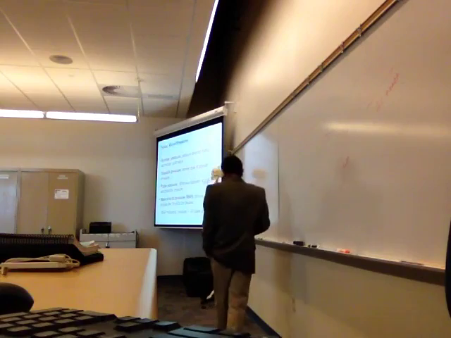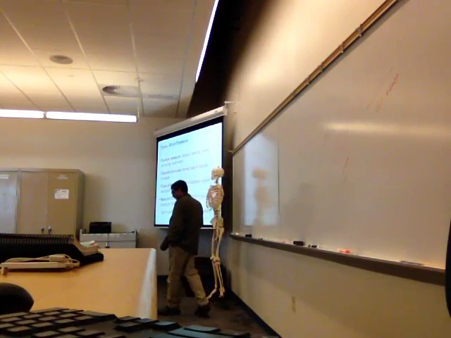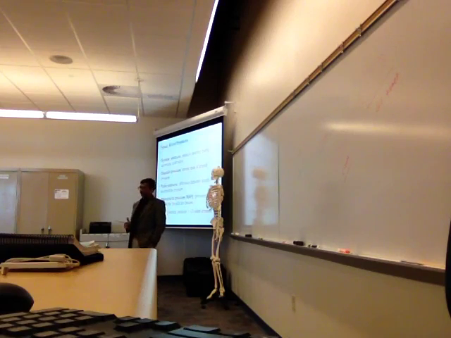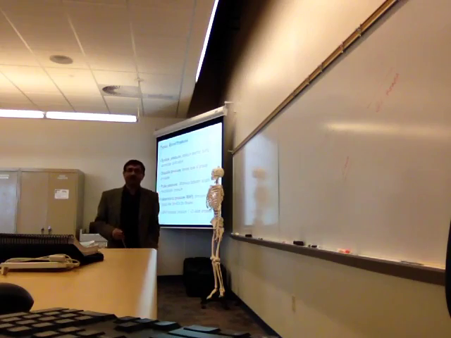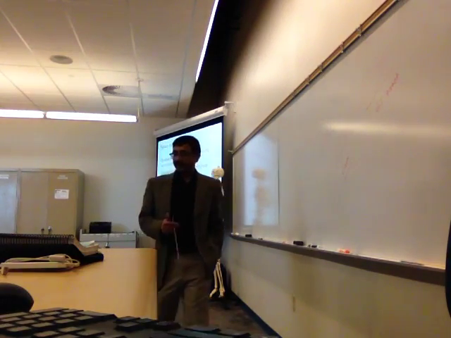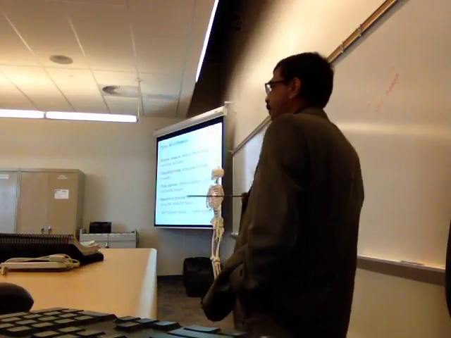Now, what are the different types of blood pressure we get from the body? There are 4 different types of blood pressures. We measure systolic pressure, diastolic pressure, pulse pressure, and mean arterial pressure, or MAP.